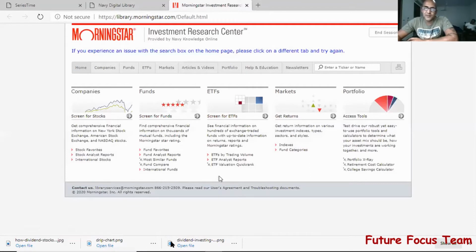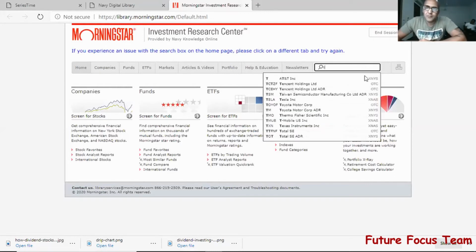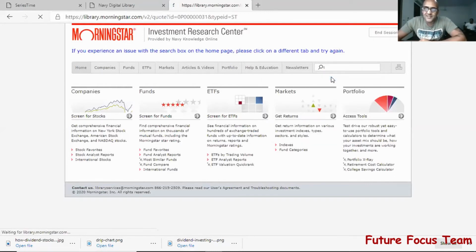And this was a great resource. We were just messing around with it the other day, but the amount of information that it gives you on here is insane. The big thing about it to me was that there's no cost. So you're getting all this information at no cost. We did Disney the other day. We did Tesla. We did, I think, AT&T. So we could go through AT&T as an example on this.